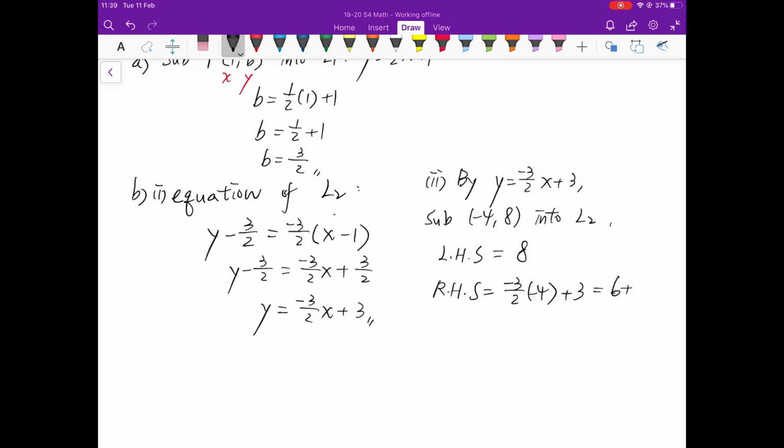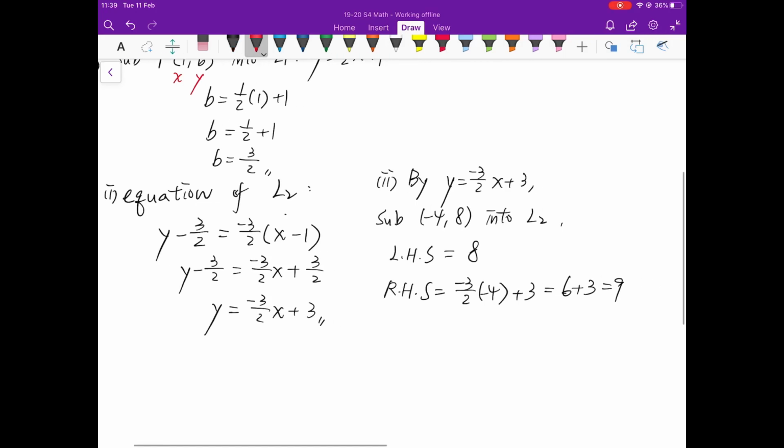And finally, it equals 6 plus 3, which equals 9. And this value doesn't equal 8. So as you can see, these two values are not equal.